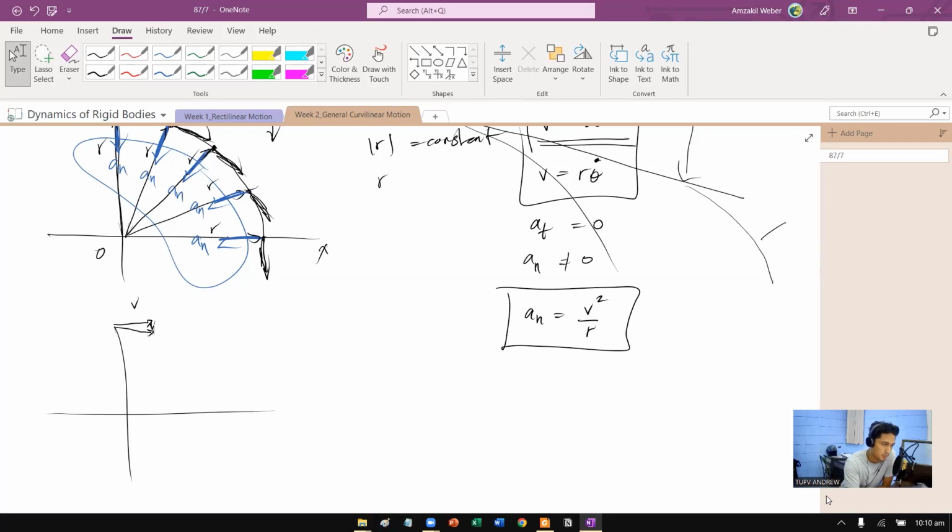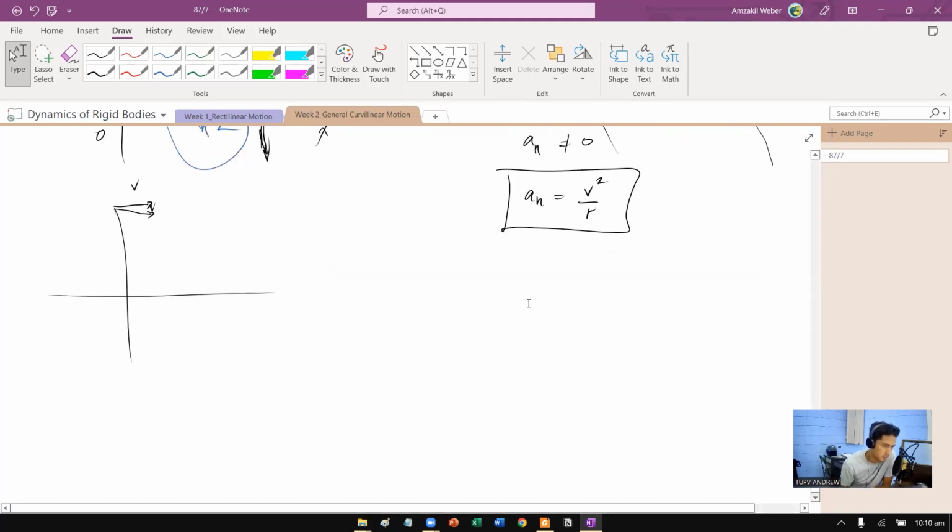Okay, so let me recall the set of equations for general curvilinear motion, which is angular. Recall that our equations last time were v squared equals v0 squared plus or minus 2as, v equals v0 plus or minus gt, and s equals v0t plus or minus one half gt squared for uniform constant motion.